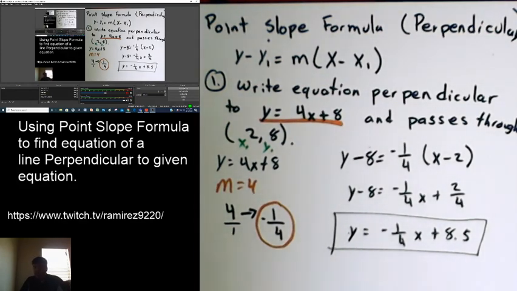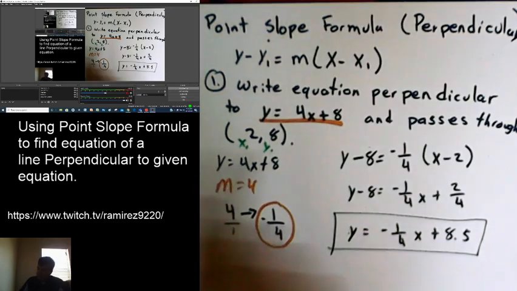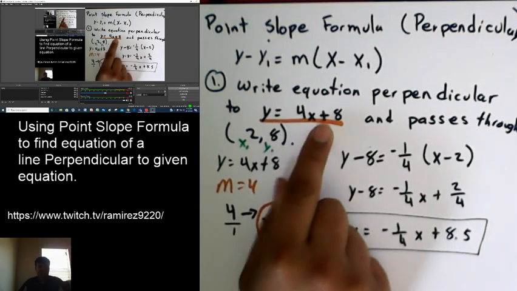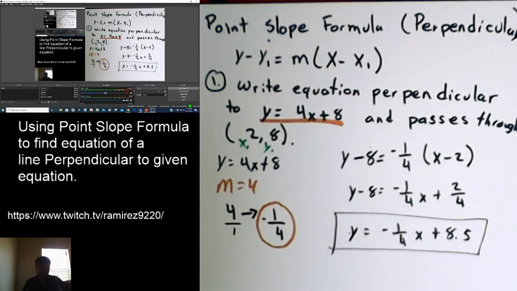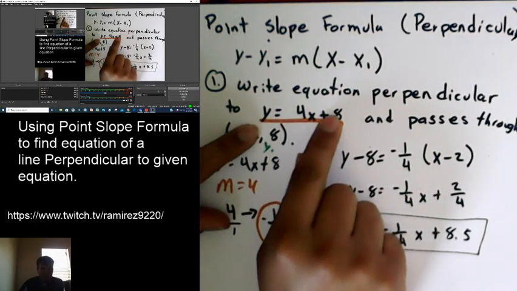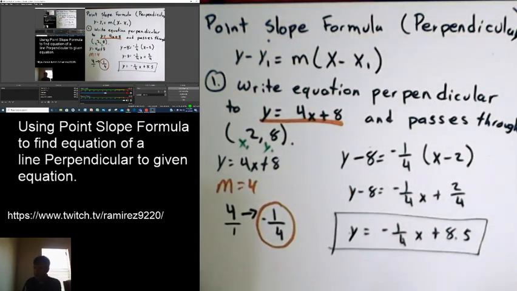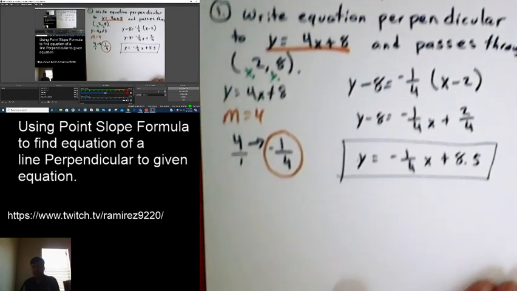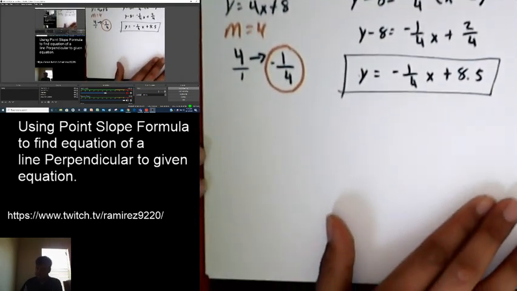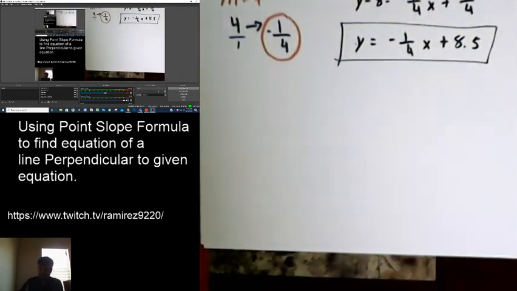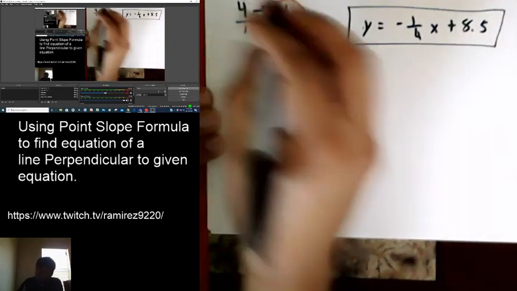I'm going to go ahead and show you one where, again, it does not look like this, and if your equation that's provided is not in slope-intercept form, you must make it look like that first. So let's see. Here goes example number 2.